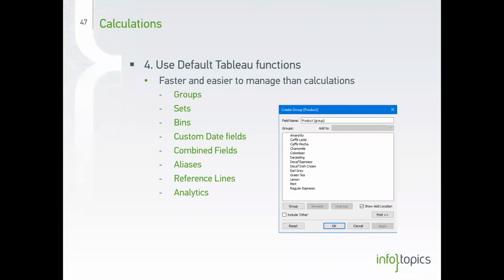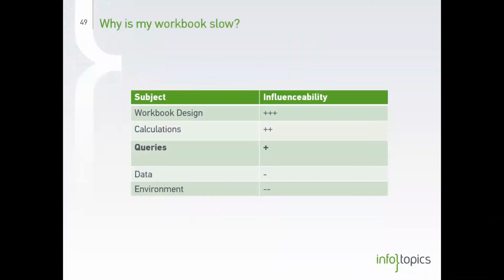So if you take a look at the queries, it's the third part. It's still a plus, so you can do something about it. If you have your data in one data source, so if you have just one SQL server, for example, and it's possible, try to always use a join and try to prevent a blend.